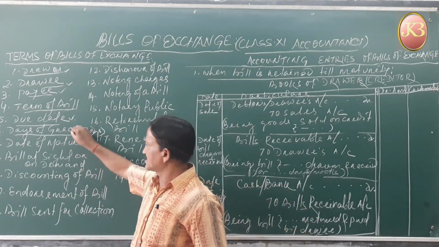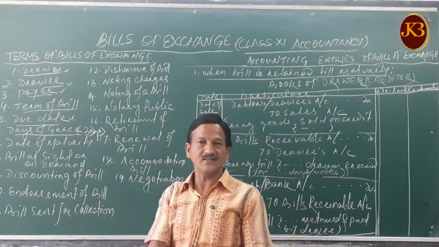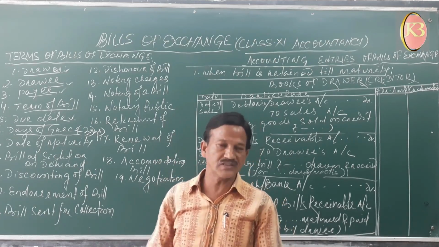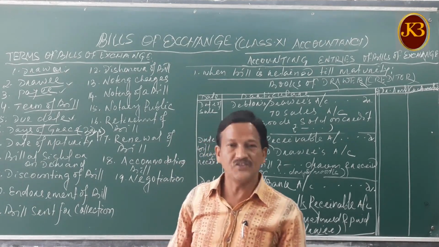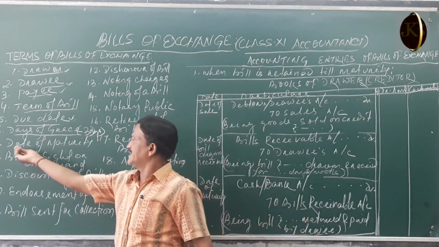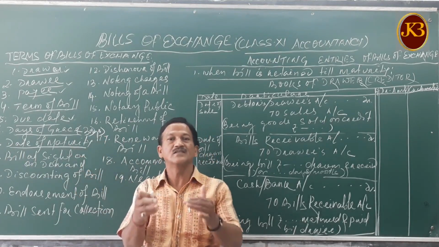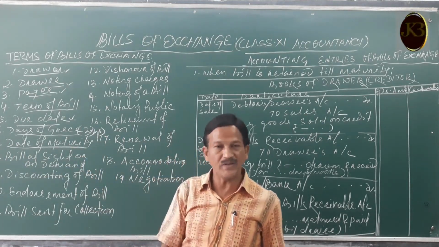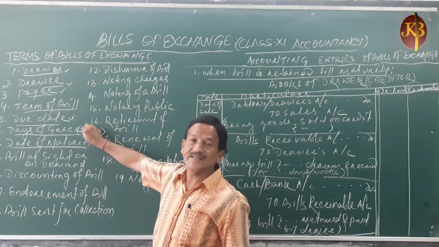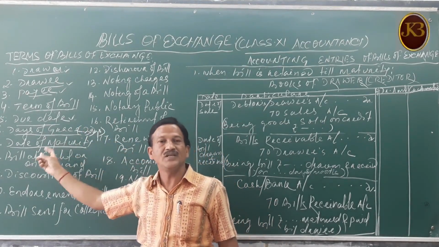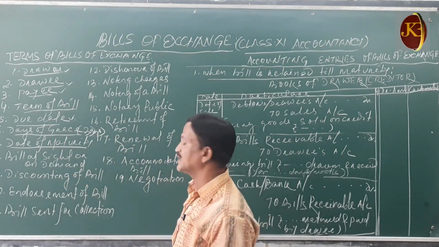So days of grace, 3 days extra, is added. So 1st April plus 3 days, that is on 4th April, the bill matures. That is the date of maturity, the date on which the bill is due for payment, after adding 3 days extra to the due date, the bill falls for payment.